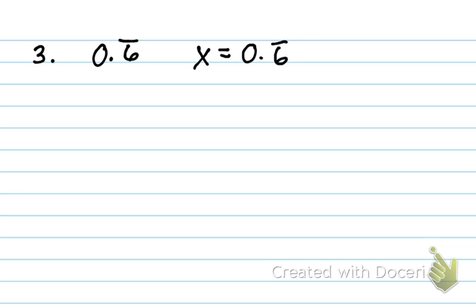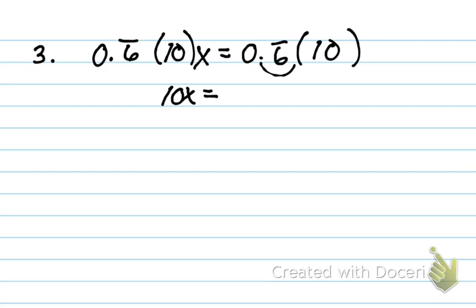And then we have to multiply both sides by some number. Would it be 10, 100, or 1,000? Why is it 10? Because it's one digit that's repeating, not because it's the tens place, but because it's one digit that's repeating.